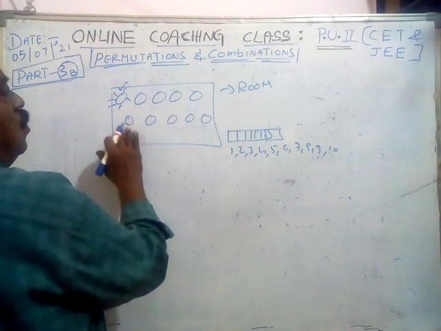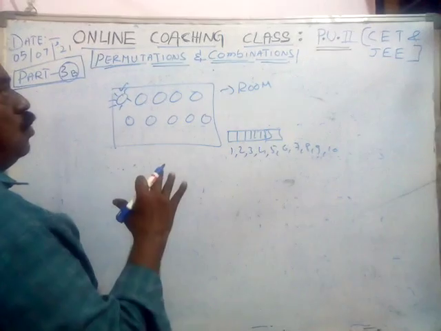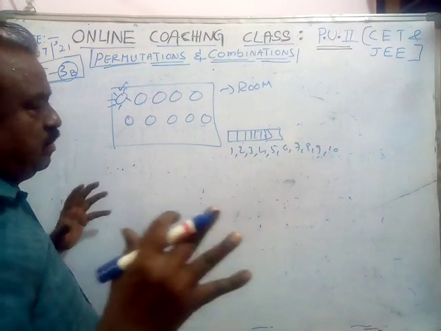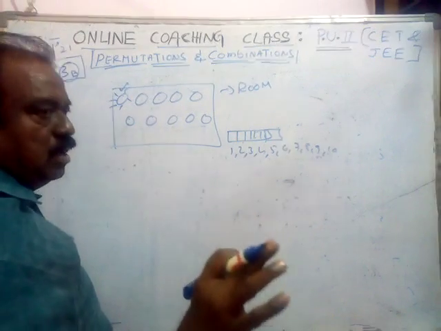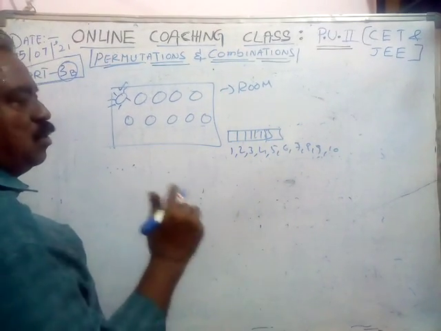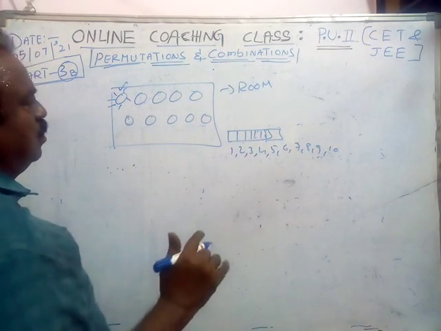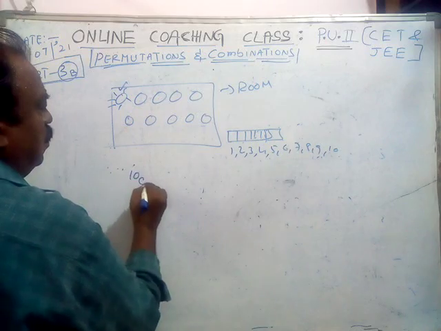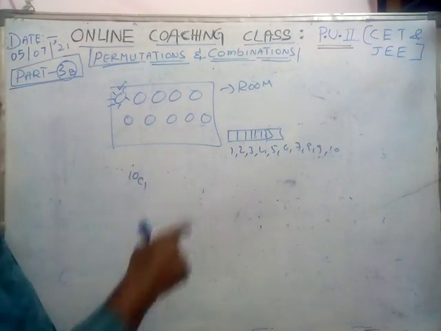Even though with one bulb there is lesser light, with all 10 bulbs switched on the room is very bright. But the question is, we must have light in that room.